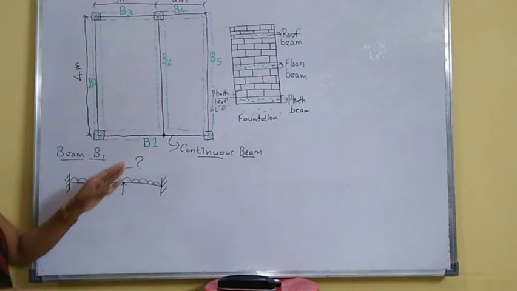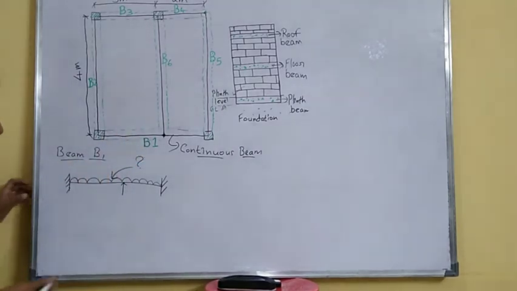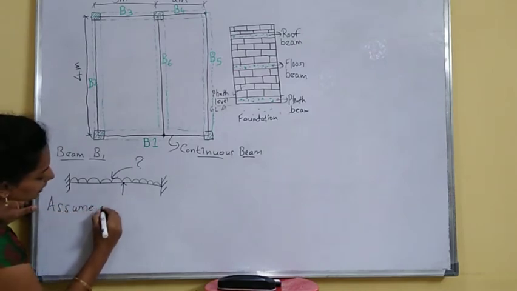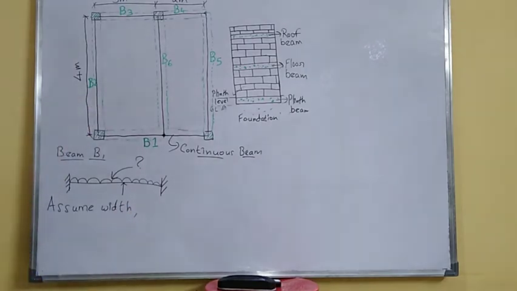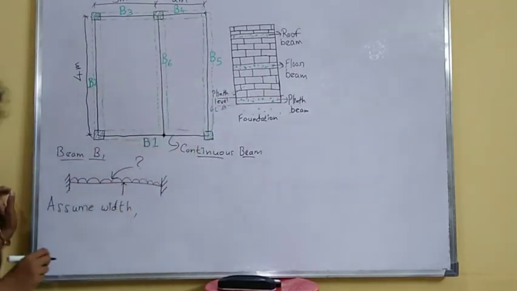Before finding that, you first have to know the cross section of the beam. First assume the width. Usually we assume the width of the wall. Whatever wall thickness you are going to take, usually the same width is assumed for the beam.